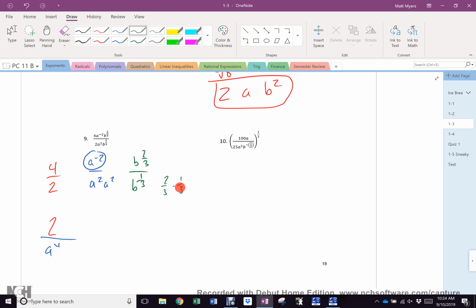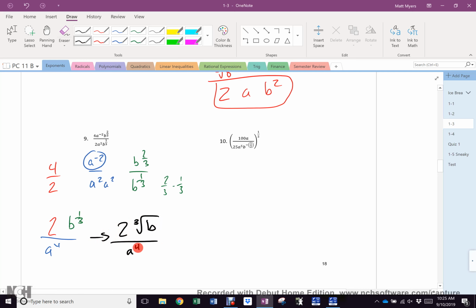So what's the answer? Now, can I leave it like that? Yes, I can. Can I write it another way? Yes, I can. Because isn't this also 2 cube root b over a to the 4th?